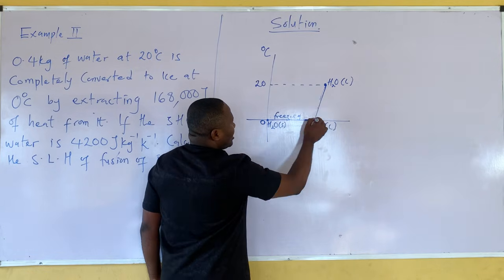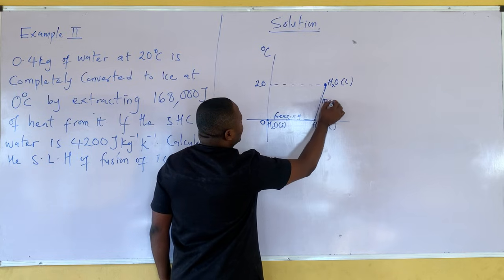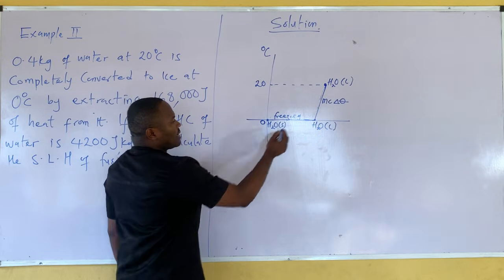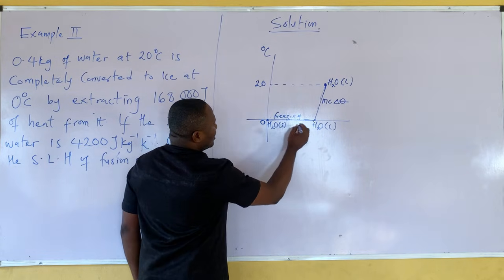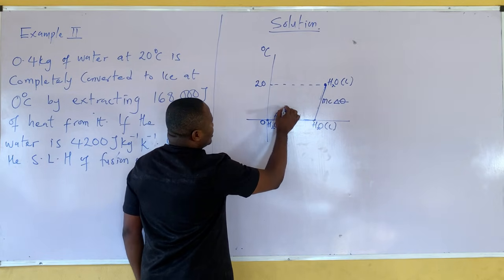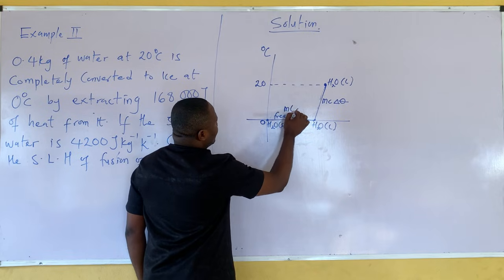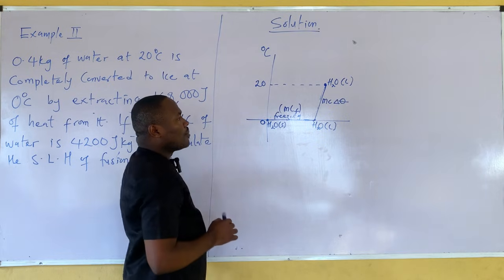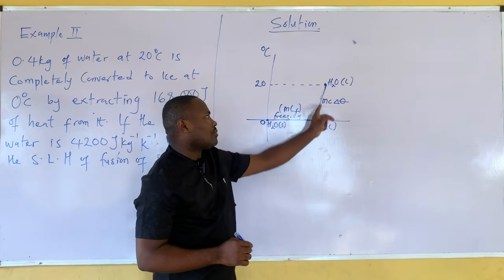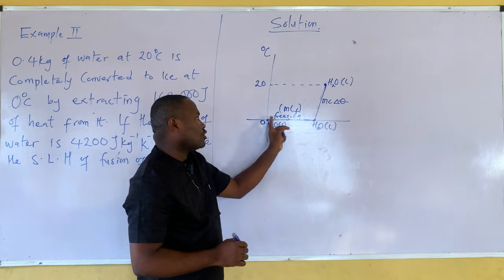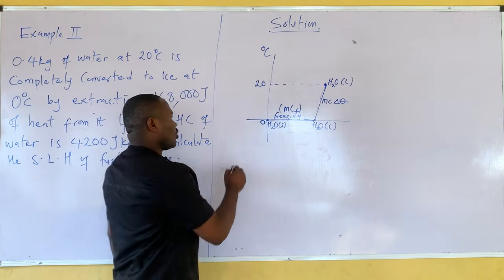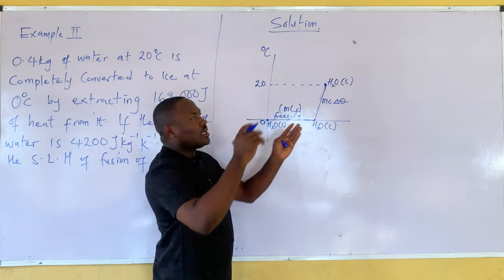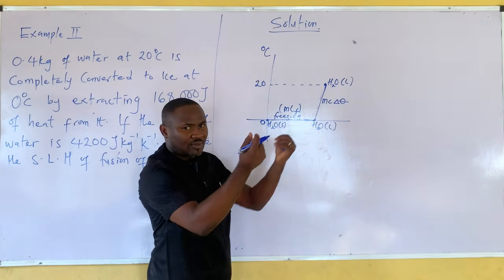Hence, here we have mc change in theta. That's the heat here. While the heat we have here is mL_f, latent heat of fusion. But here there is a change in temperature, while here there is no change in temperature. So this process is not absorbing heat.